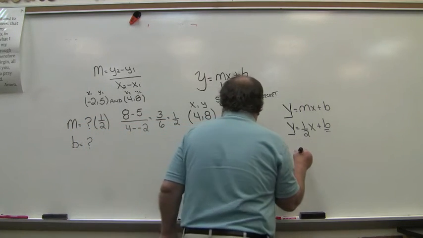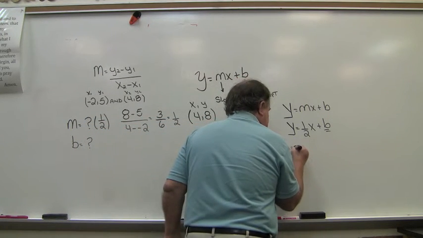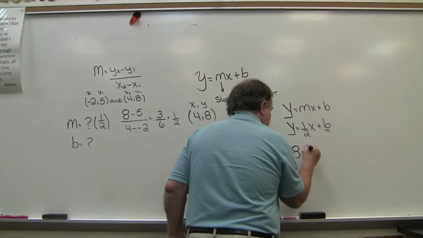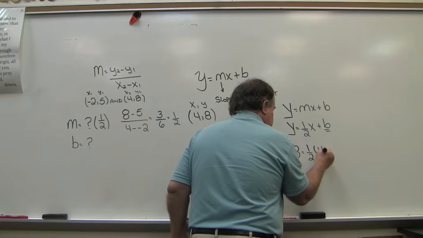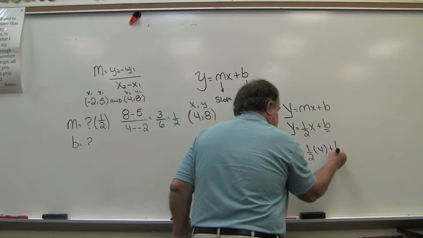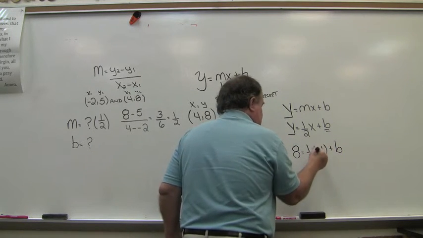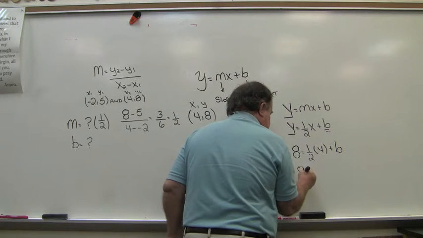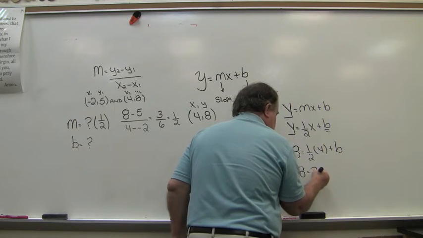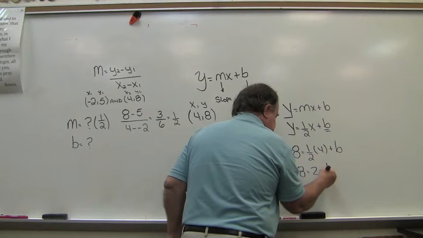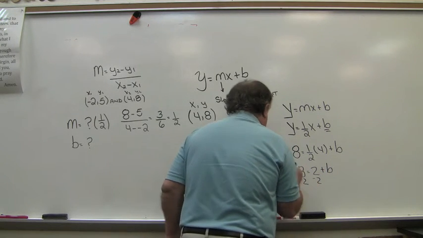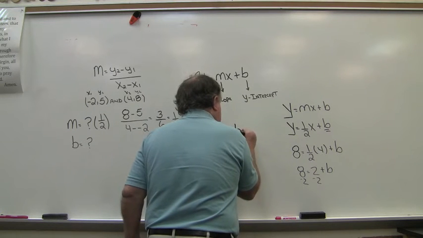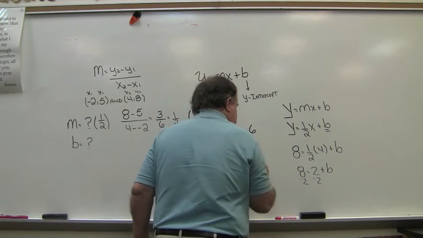In this case, I have y, which is 8, equals 1/2, and my x value is 4, plus b. I'm looking for b. So 1/2 of 4 is 2, so I have 8 equals 2 plus b, and I subtract 2 from both sides, and I end up with b equals 6.